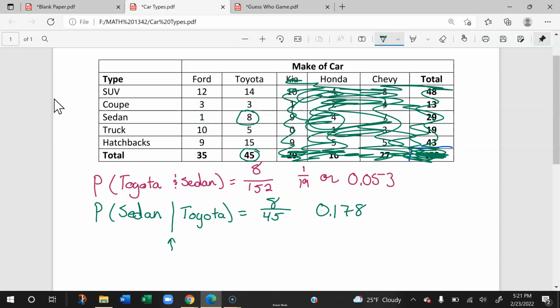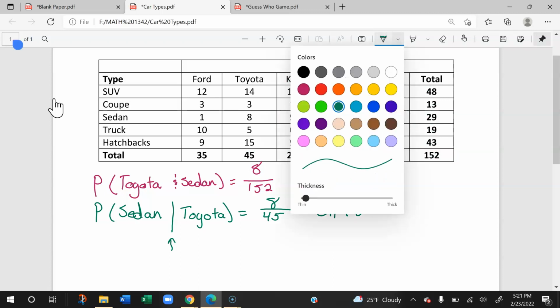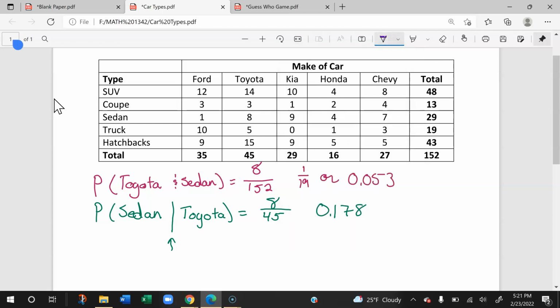Now, it definitely changes if I know different information. Let's say I want the probability that it's a Toyota, given that it's a sedan.